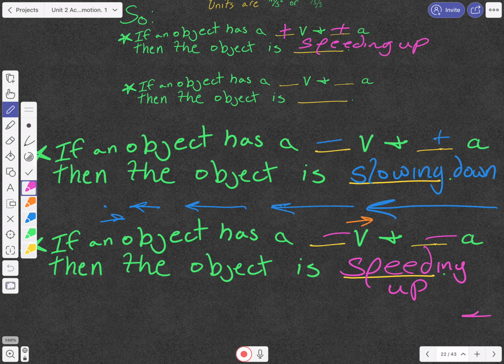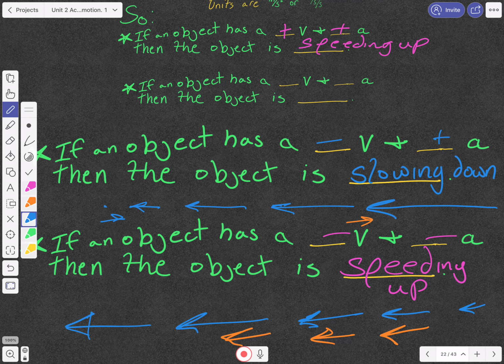So now your velocity is going in the negative, but so is your acceleration. Your acceleration should stay the same in this direction. So now these arrows for velocity should be getting longer.